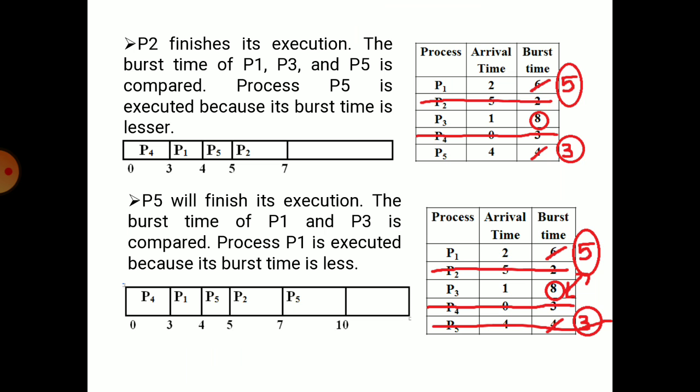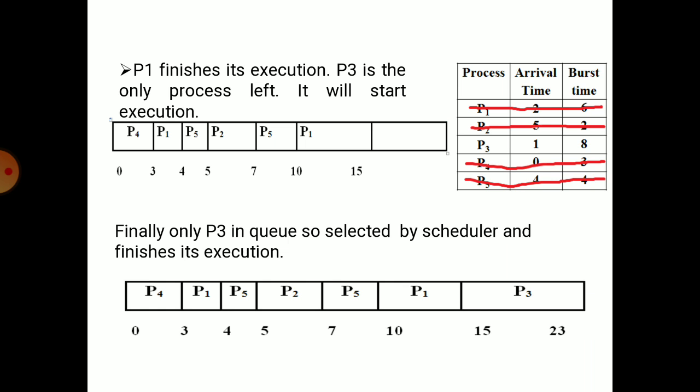Process P5 requires 3 milliseconds, so it is selected for execution and completes. Then the burst times of P1 and P3 are compared. P1 requires 5 milliseconds and P3 requires 8 milliseconds, so P1 is the lesser one and the scheduler selects it to continue its execution.